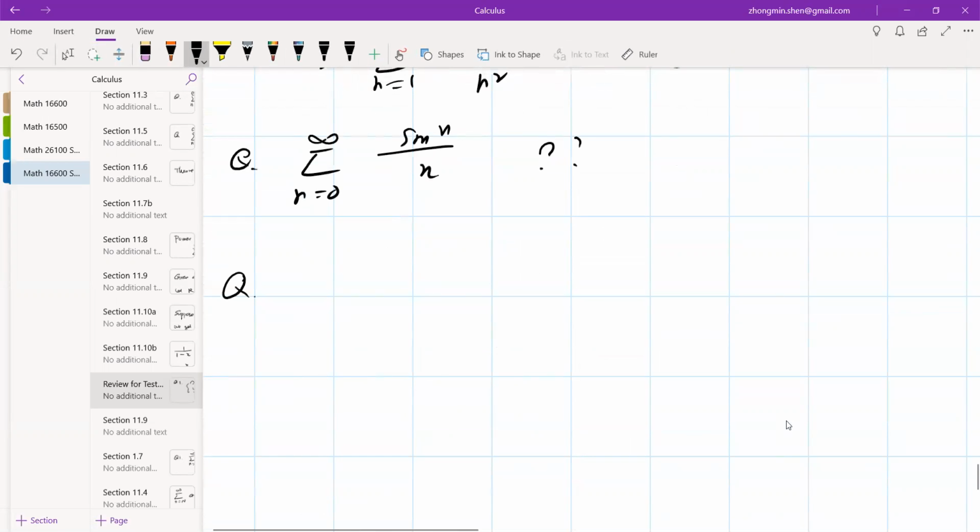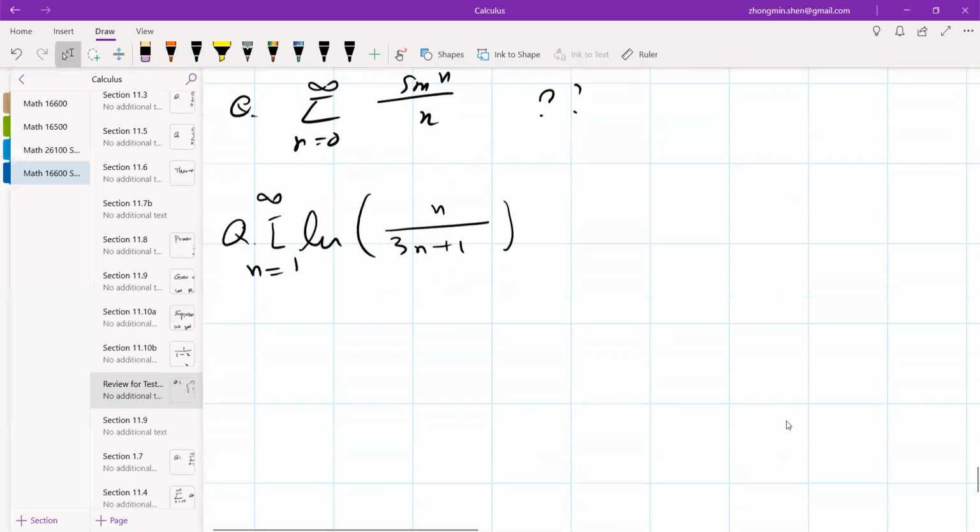So let's see the following problem. This is the natural log of n over 3n plus 1. Let's take a look at this problem.